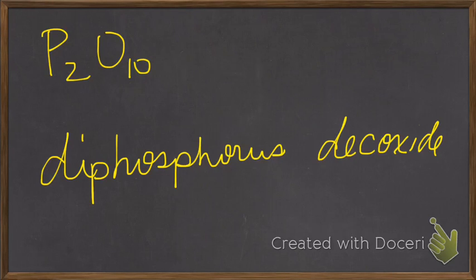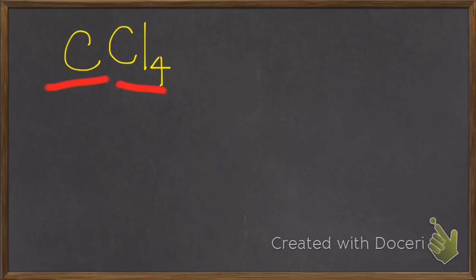Let's do one more. So this is CCl4. Once again, carbon comes first because it's less electronegative than chlorine. And so we wouldn't say monocarbon.